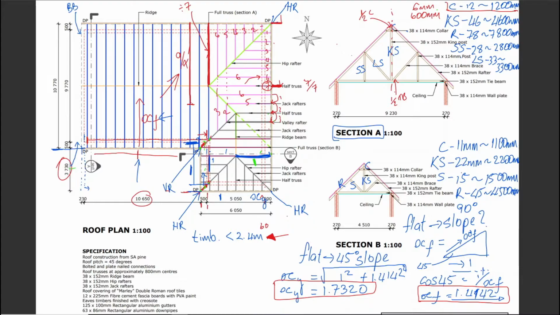One full. Okay. And as I said previously, how many times are you dividing it by? Well, you're dividing it by the spaces, not actually the jack rafters. You need to be careful. 1 space, 2 space, 3 space, 4. There are 4 spaces but 3 jack rafters. And the reason you use spaces is because this last one is included.